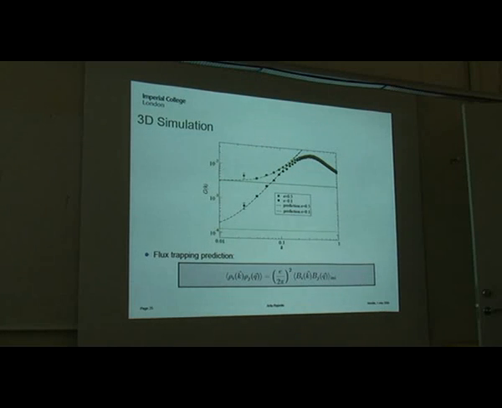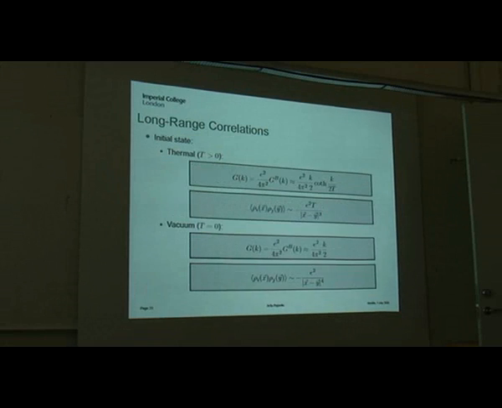So the conclusion here is that you can think of there being two different additive mechanisms. There's flux trapping and there's the Kibble mechanism. You can, in a sense, add them together, and the correlator is the sum of the two contributions. Sorry, so you're saying the dashed line is what you get from the Kibble mechanism? Yeah, the solid line is just this.